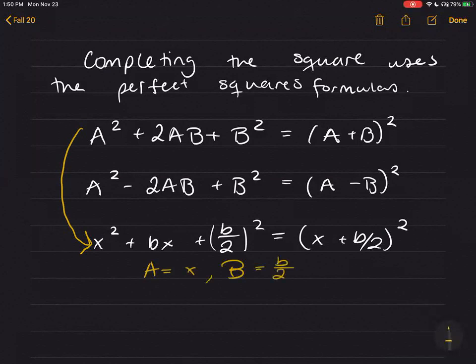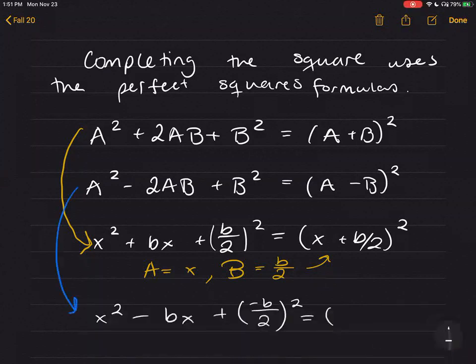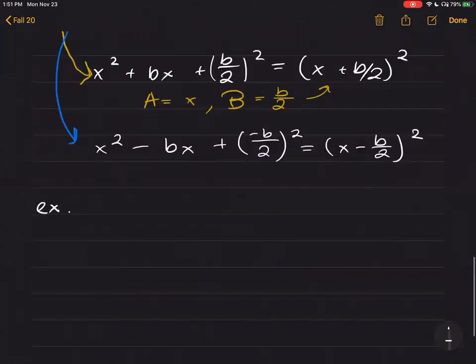Doing that gives you this back out. What I failed to mention last time was that if you've got x squared minus bx plus negative b over 2 squared, that's going to use the other one, and you'll get x minus b over 2 squared. This was the formula that I really wanted to use in the last video. Hopefully that makes a little more sense.